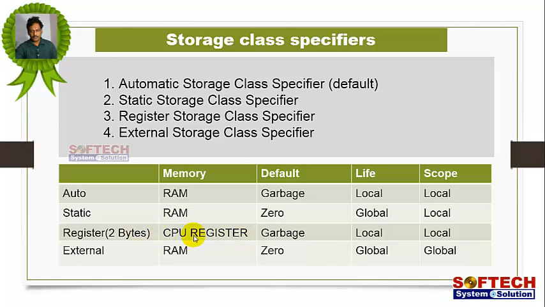But at the time of the invention of the C language, CPUs were 16-bit processors only. Currently we are using 64-bit. At the time of the invention of C, the desktop computer had a 16-bit processor.